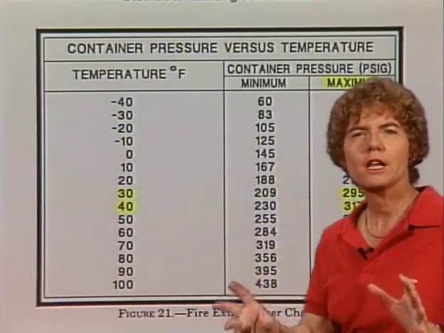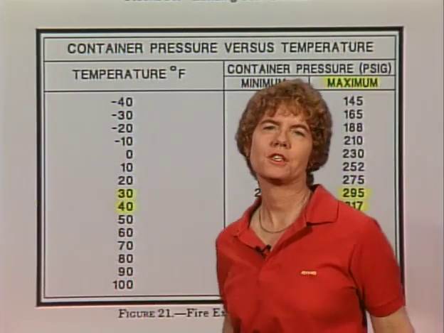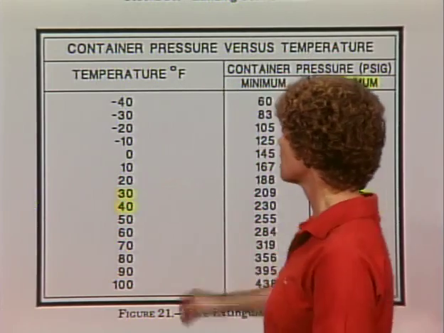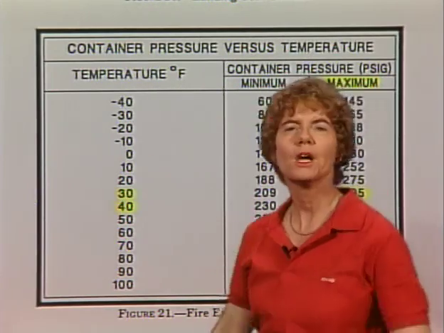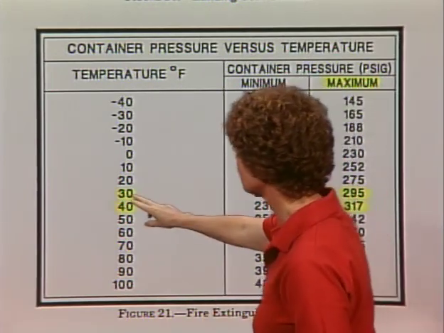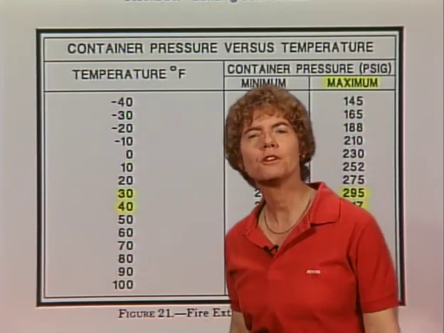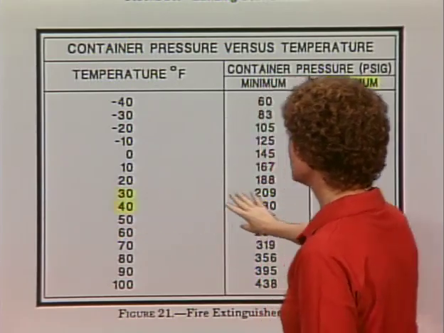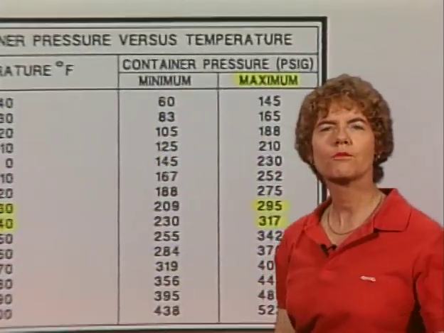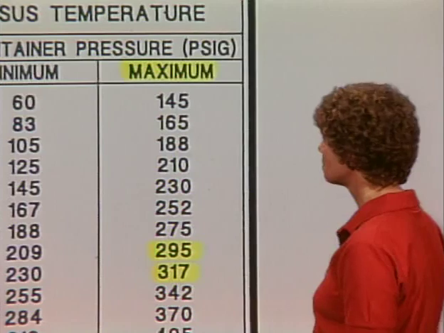Well, we already know that we don't have a temperature of 33 degrees Fahrenheit in our temperature column. We found temperatures of 30 degrees and 40 degrees Fahrenheit. So this time all we do is go to the far right-hand column, which is our column for maximum allowable pressure.